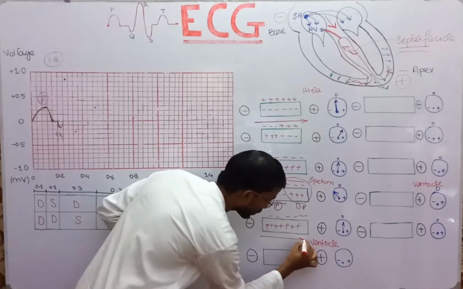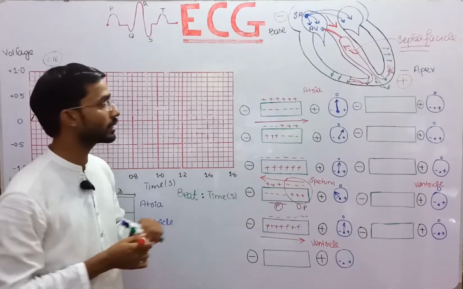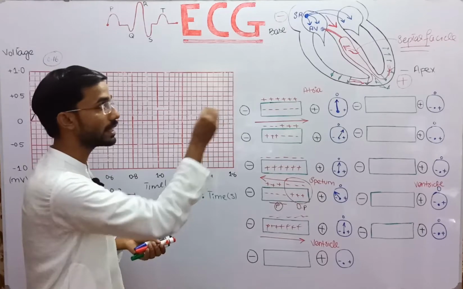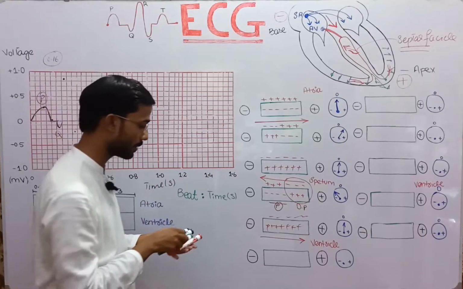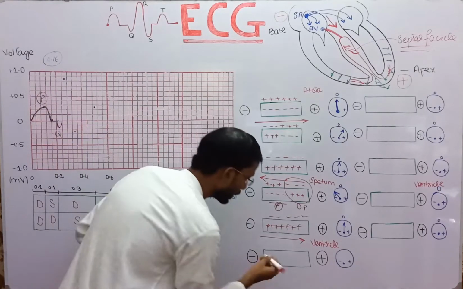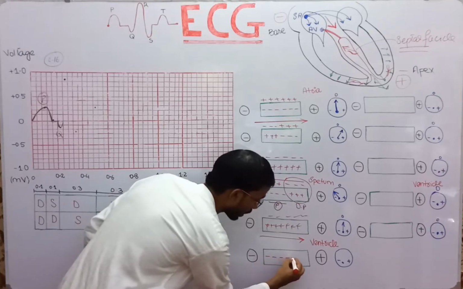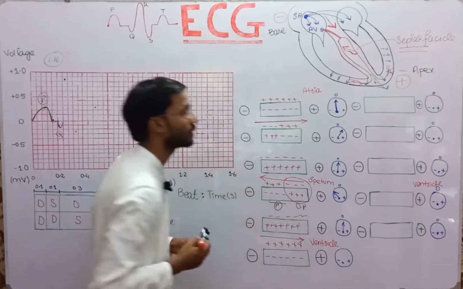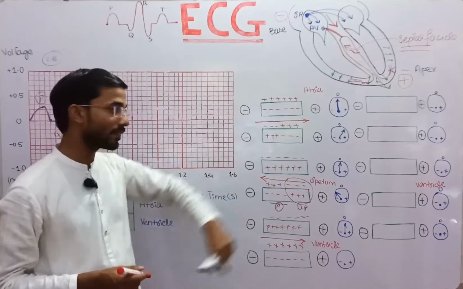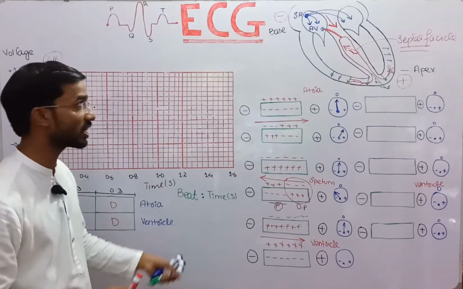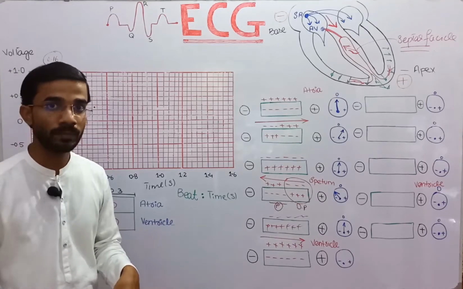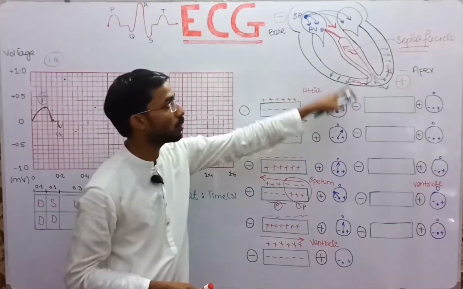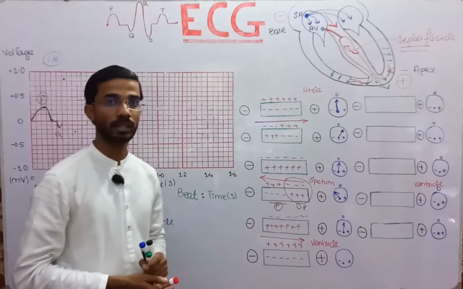Actually, these cells are also at first in a polarized state, but when the action potential reaches them, they start depolarizing in the direction from negative to positive.